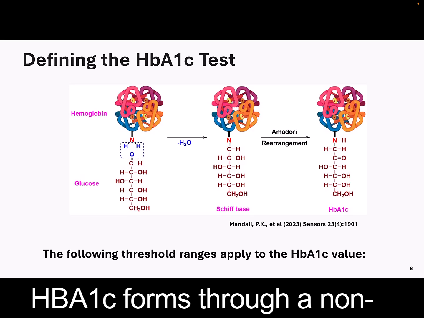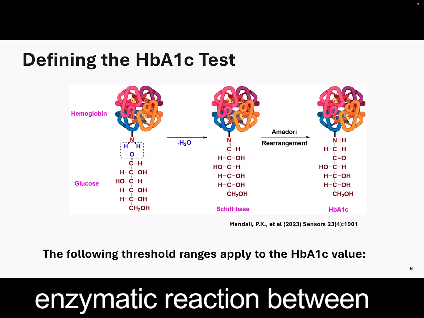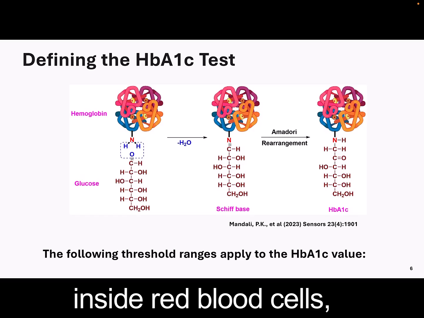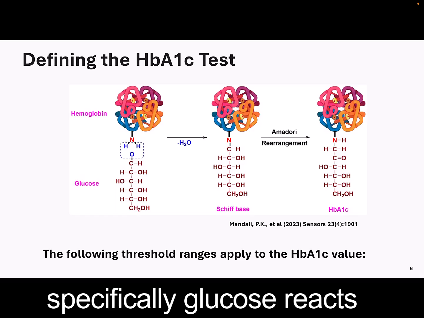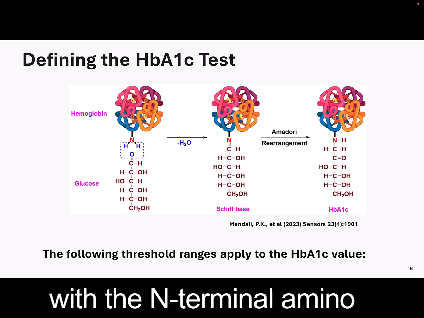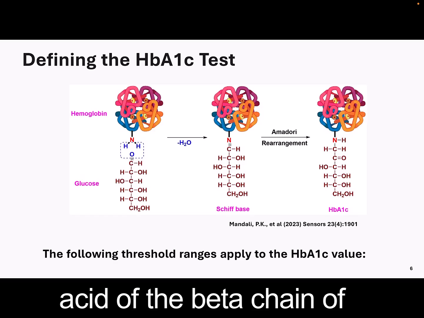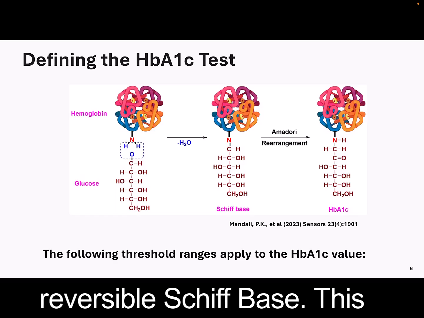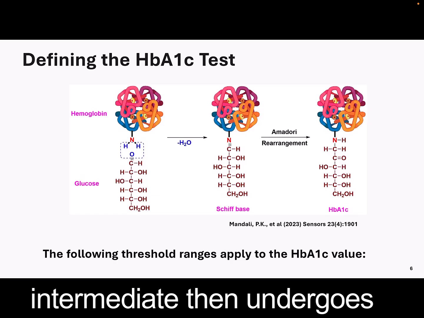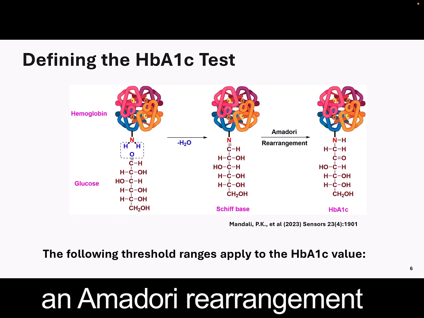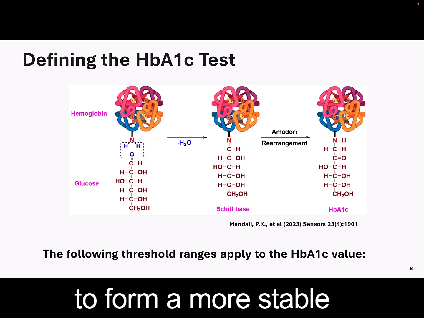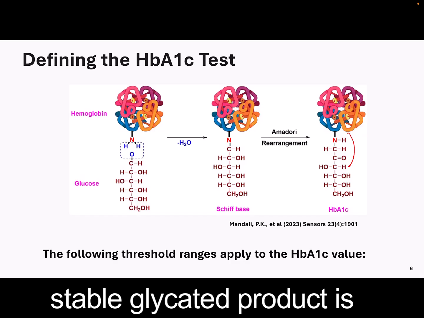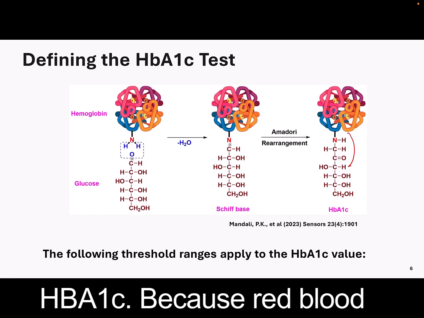HbA1c forms through a non-enzymatic reaction between glucose and hemoglobin inside red blood cells. Specifically, glucose reacts with the N-terminal amino acid of the beta chain of hemoglobin to form a reversible Schiff base. This intermediate then undergoes an Amadori rearrangement to form a more stable ketoamine adduct. That stable glycated product is HbA1c.